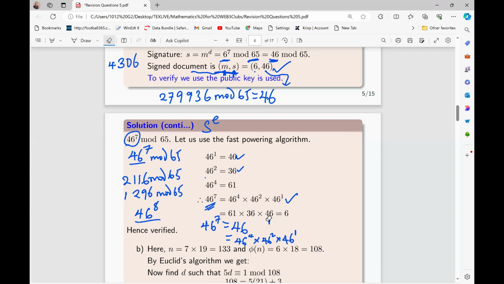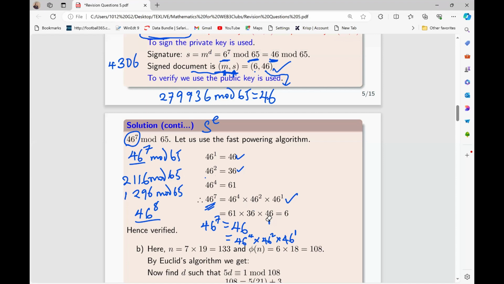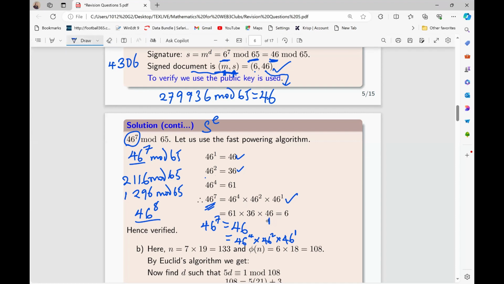So what is it? Just use a calculator again. Use yours so that we get the same result. 61 times 36 times 46, I'm getting 101,016. And I'm doing this mod 65.